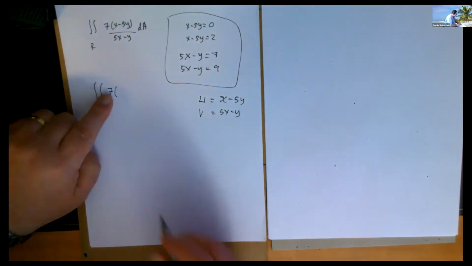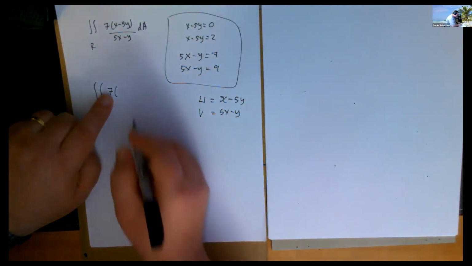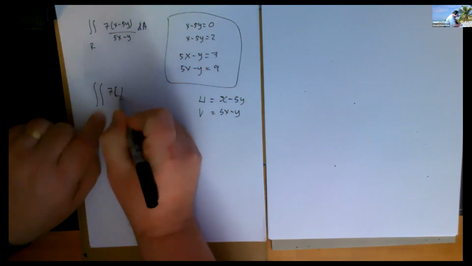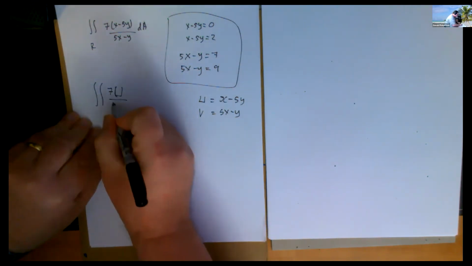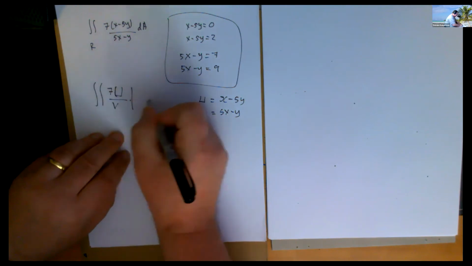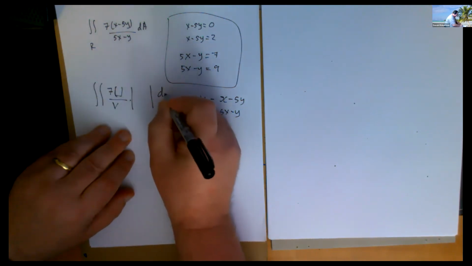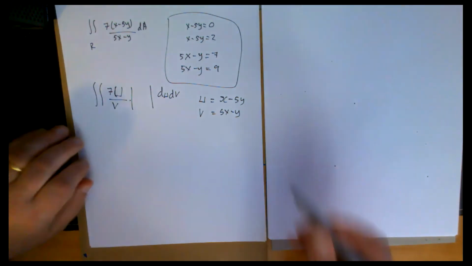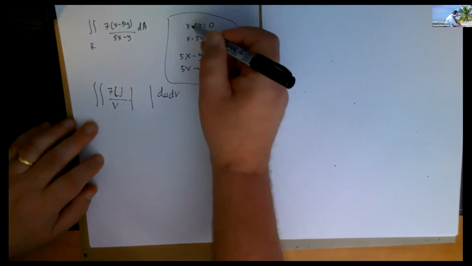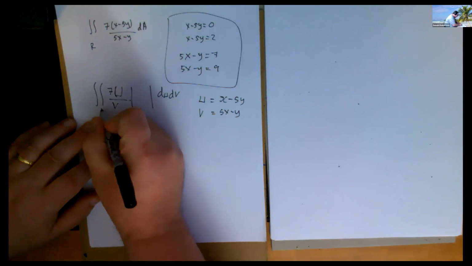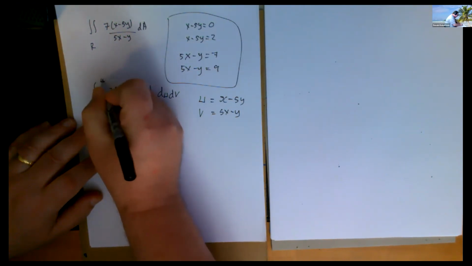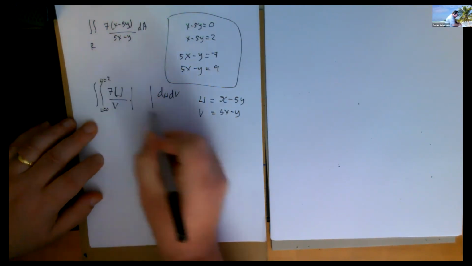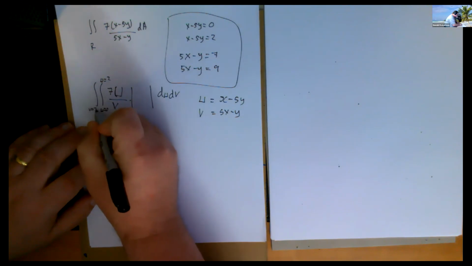So the x minus 5y is going to turn into 5u. And the one in the bottom is just going to turn into a v. Then we're going to do the Jacobian, and then a du dv. Now the limits of integration are u from 0 to 2. I'm going to put this in with a label so I don't get them back to front. And then v is 7 to 9.